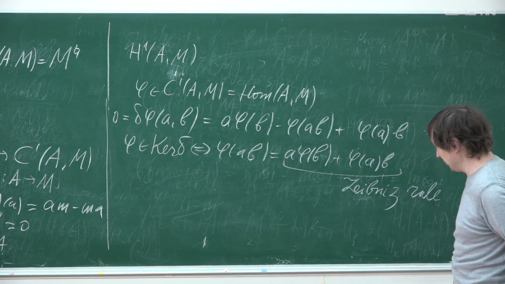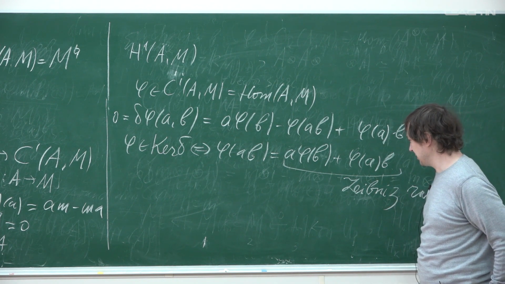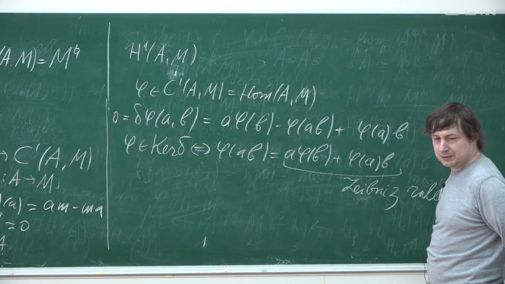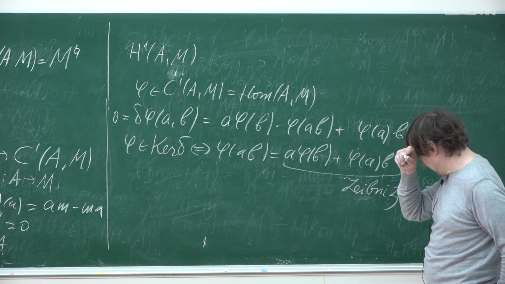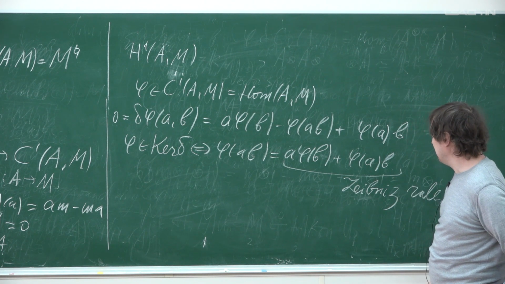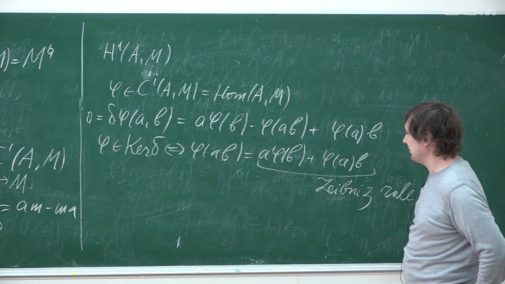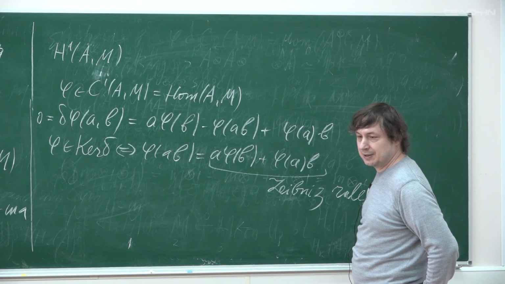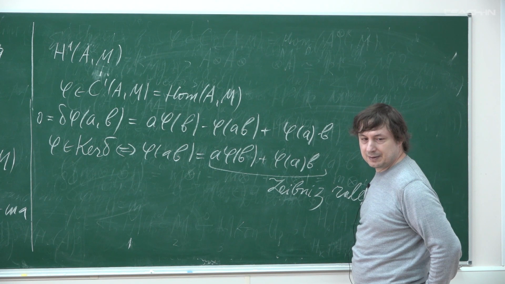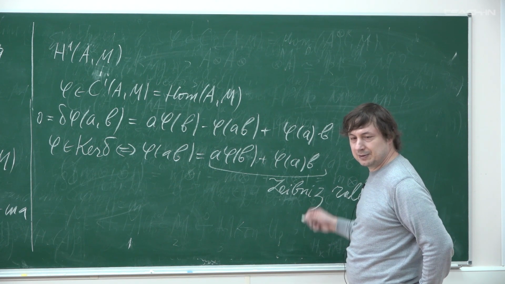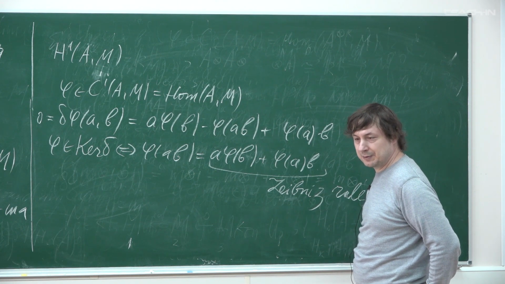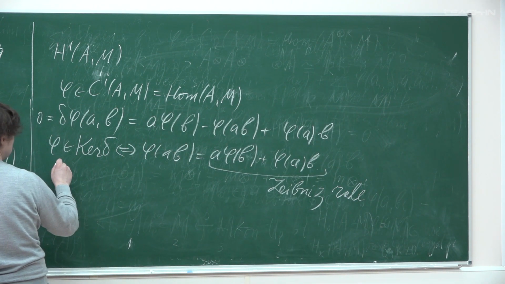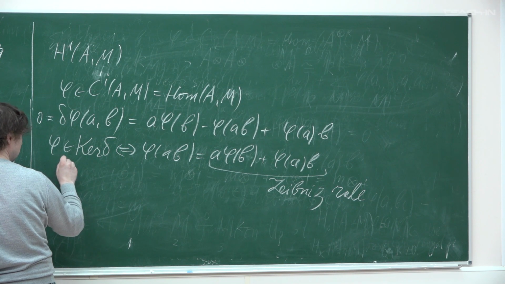Because in the commutative case, you can write both a and b on the left, and that's how you usually do this in calculus. But in the non-commutative case, you should distinguish the left and right product. If you have ever tried to differentiate products of matrices, you'll see that you get the same formula here. So we see that the kernel consists of all derivations.